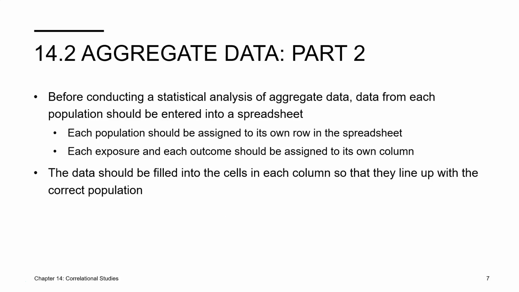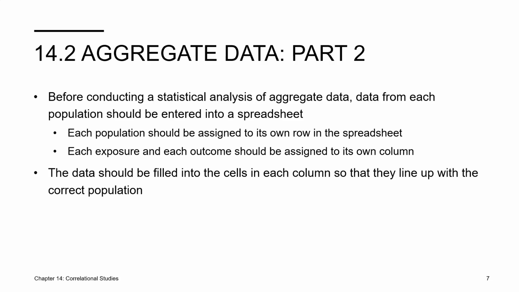Now, before conducting a statistical analysis of aggregate data, data from each population should be entered into some sort of spreadsheet, and this could be manually entered, or this could be through some sort of online survey tool that is very helpful for data entry. Each population should be assigned to its own row in the spreadsheet, and each exposure and outcome should be assigned to its own column.